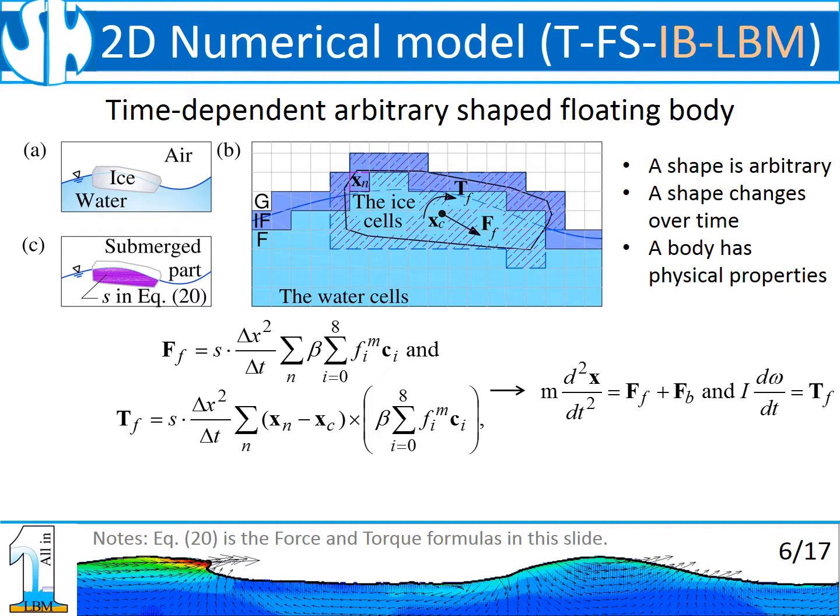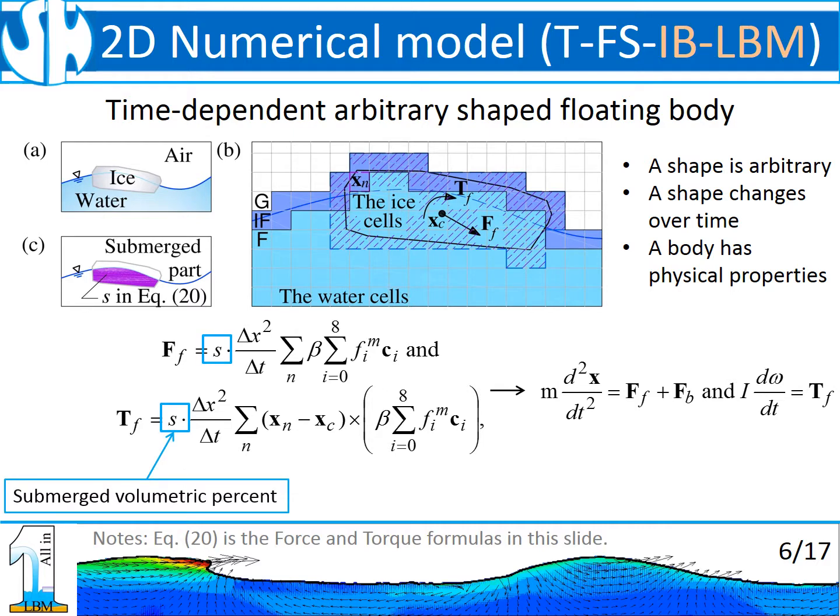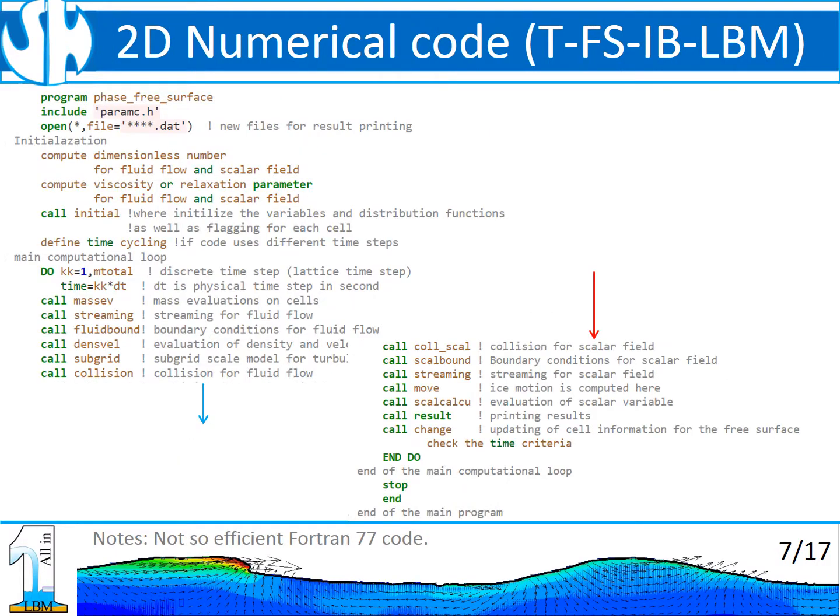So we tried to consider those problems, and for the original immersed boundary method, we have inserted our modifications such as submerged volumetric percent and integer center of gravity. To our limited knowledge, we have firstly applied the immersed boundary lattice Boltzmann method for a floating body.